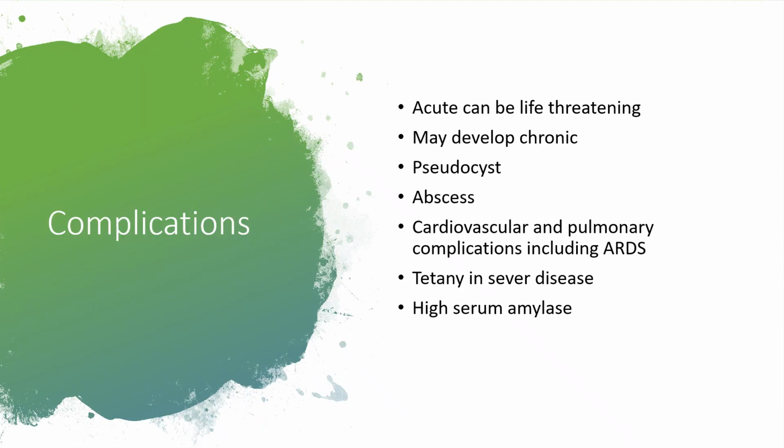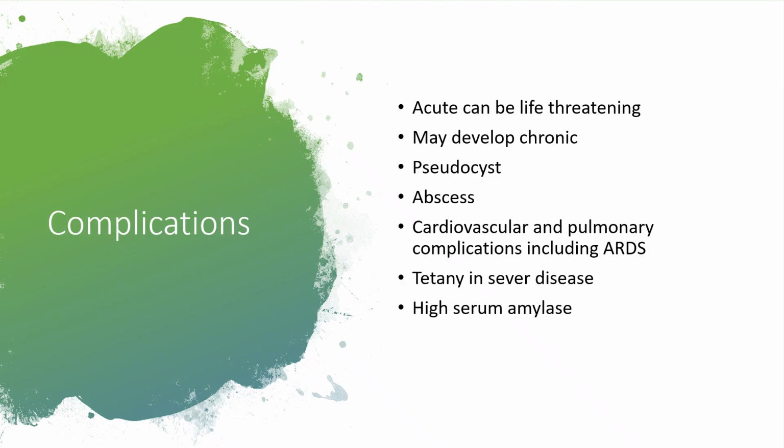Systemic complications of acute pancreatitis include intravascular volume depletion with shock, acute tubular necrosis and renal failure, and acute respiratory distress syndrome, or ARDS. Hypovolemic shock and acute renal failure usually develop within 24 hours after the onset.